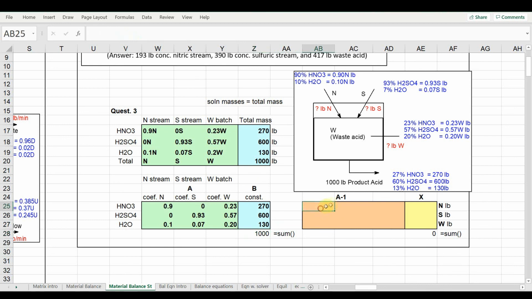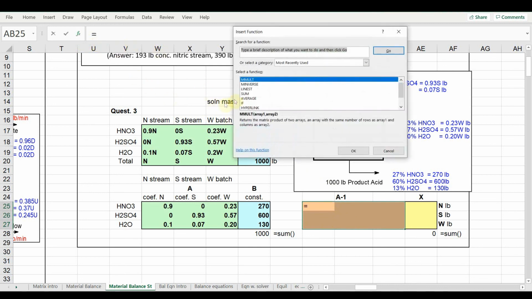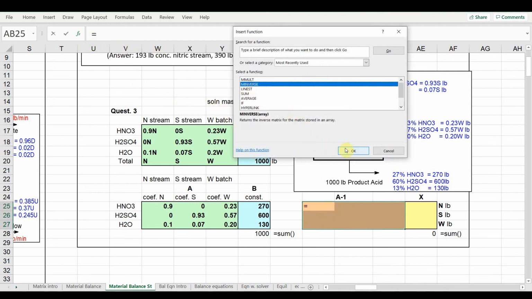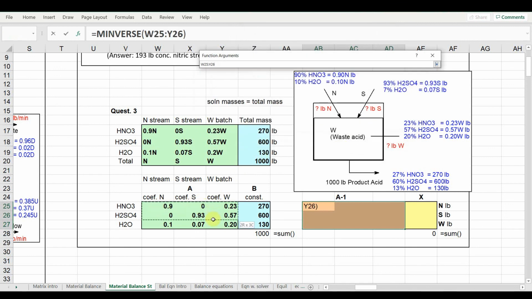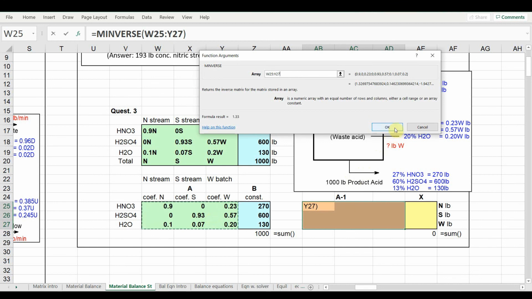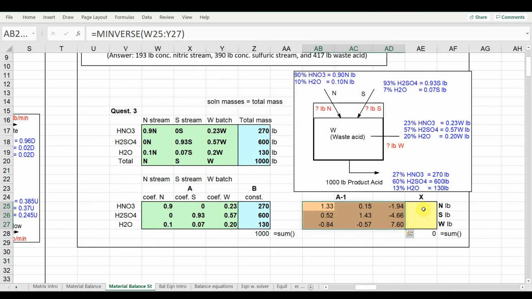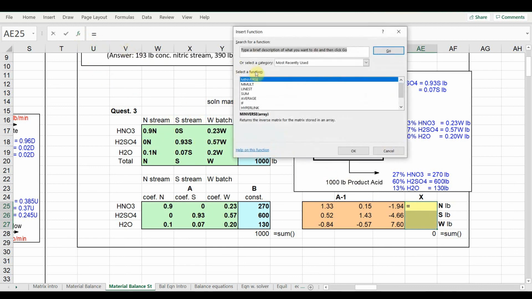The inverse matrix of the coefficients of the variables, select those cells, insert a function, MINVERSE, OK. What's the array that we want the inverse of? This 3 by 3 array, and say OK. The matrix of the variables, nitric, sulfuric, and waste, in order from top to bottom, because they were listed left to right, is equal to MMULT.